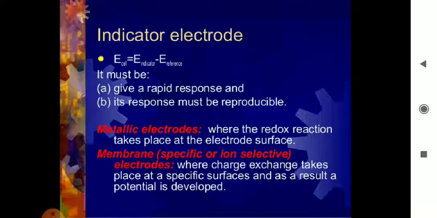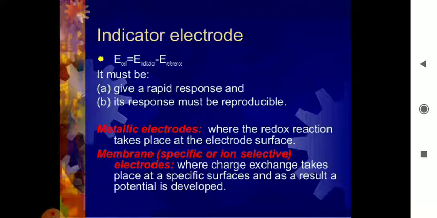Now students, the indicator electrode, whose EMF we can calculate by knowing the EMF of the reference electrode as well as the E cell. It must give a rapid response, and its response must be reproducible.